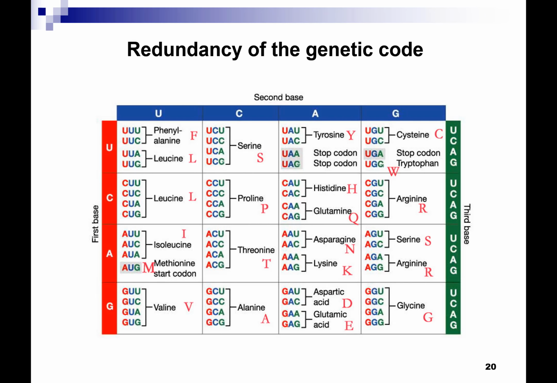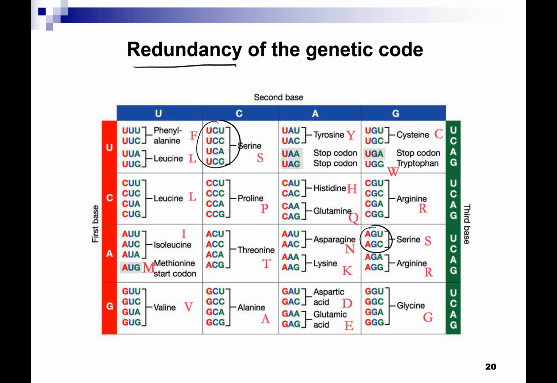Last topic I want to have you understand is what we call the redundancy of the genetic code. If you've been looking at this mRNA codon table, you'll notice that many of the amino acids have multiple codons. In fact, serine has 6.